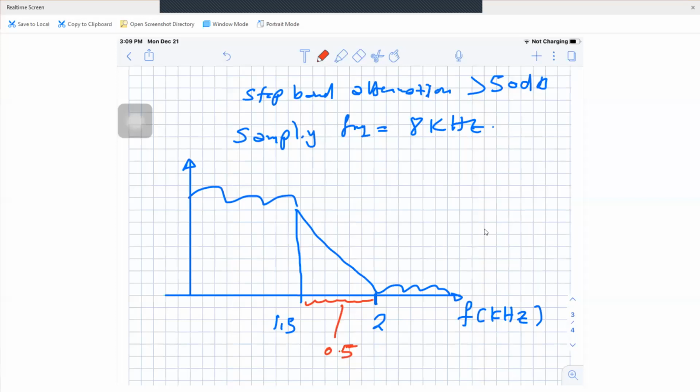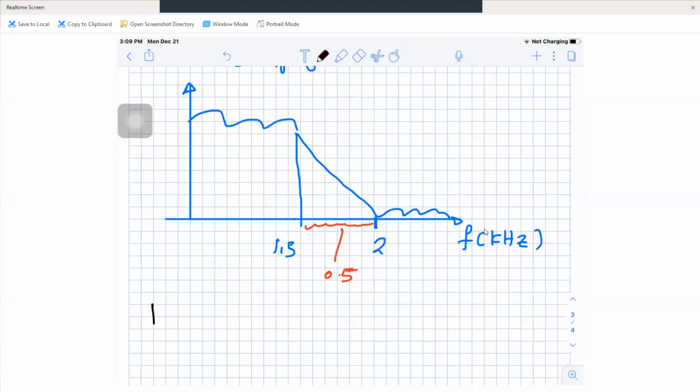Why? Because in the ideal impulse function, hd of n equals 2fc sin(n omega c) divided by n omega c.